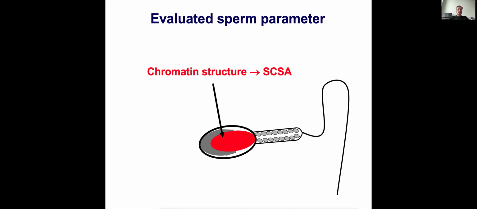This was developed about 40 years ago. It was published by Evenson in Science at this time. And this is a very important parameter. They are also using it very often in human medicine to detect subfertile men with a high DNA damage.